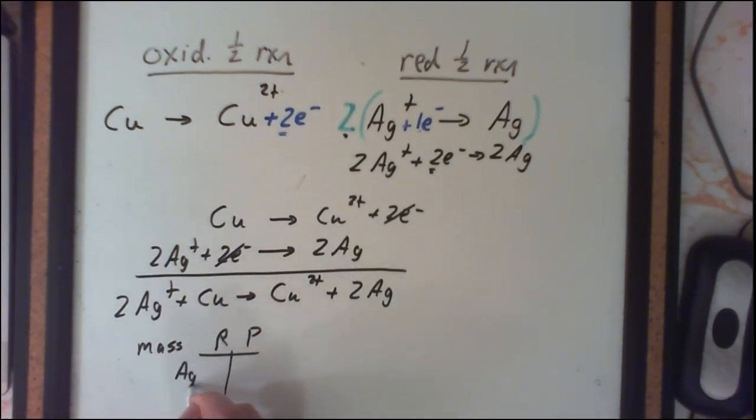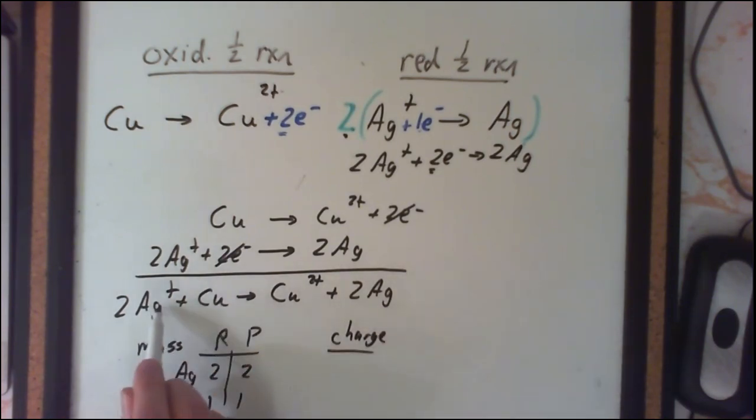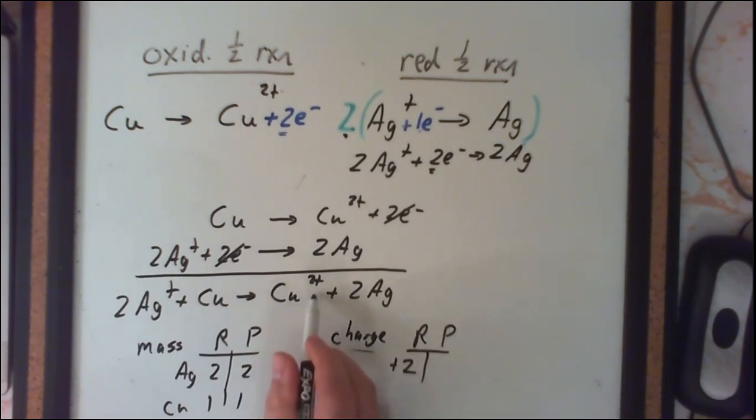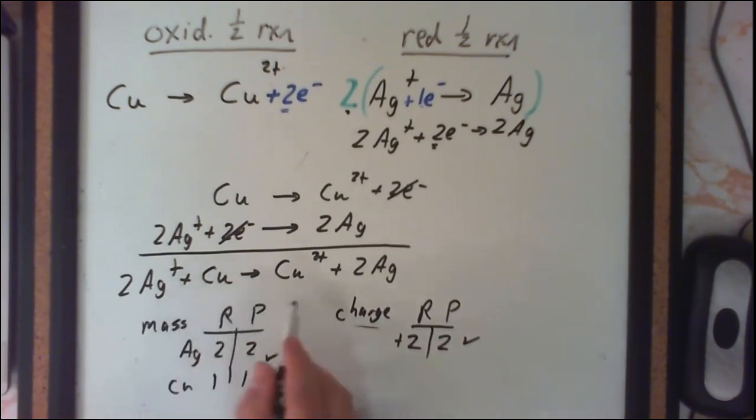We have silver and copper: 2 silver matches 2 silver, 1 copper matches 1 copper. And we also have our charge balance. We have a total of +2 on the reactant side, which matches the total +2 on the product side. So this is an overall balanced reaction because it's balanced both by charge and by mass.